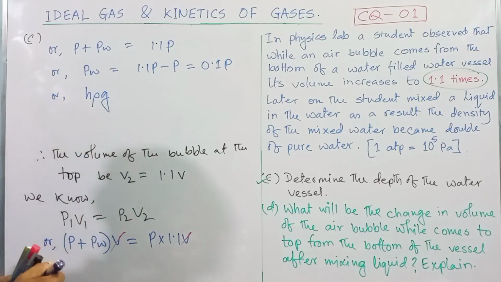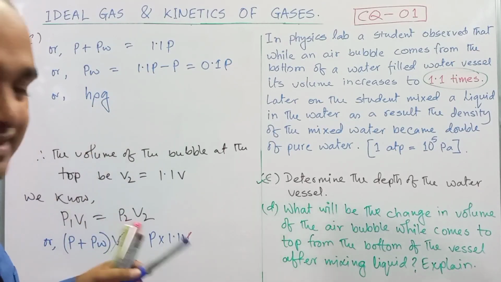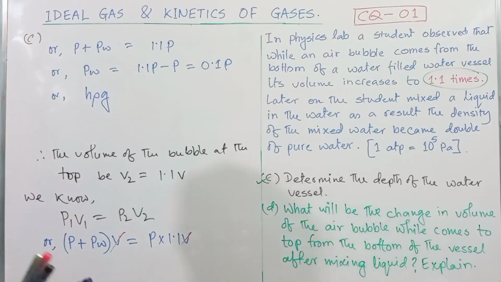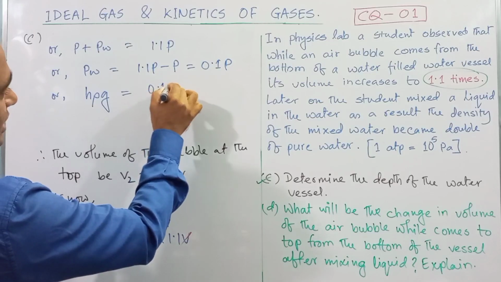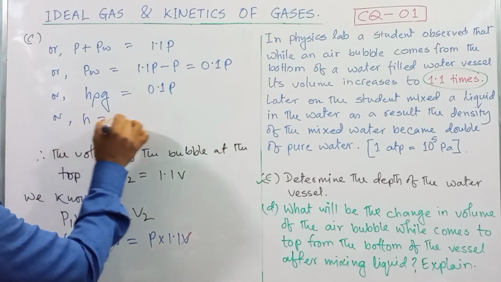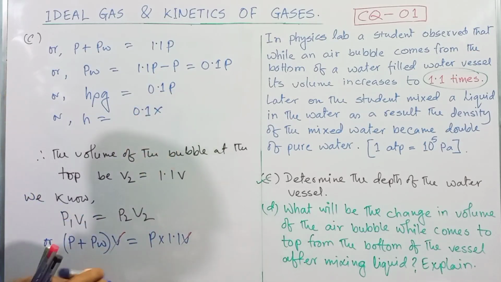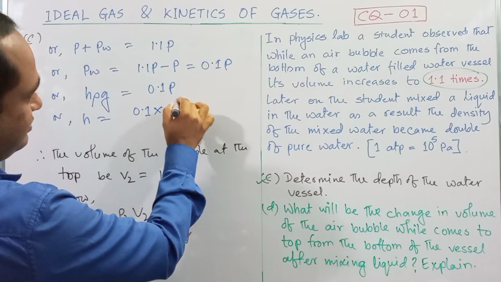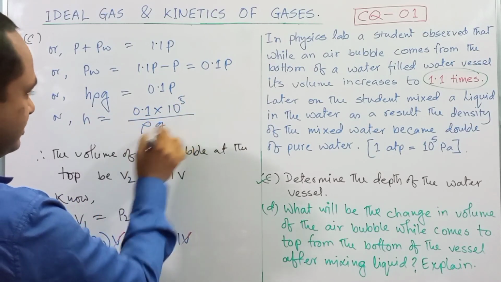Here h is the depth or height of the water column, rho is the density of water, and g is the acceleration due to gravity, which is equal to 0.1 P. Here P means atmospheric pressure, or h = 0.1 times the value of P, which is 10^5, divided by rho times g.